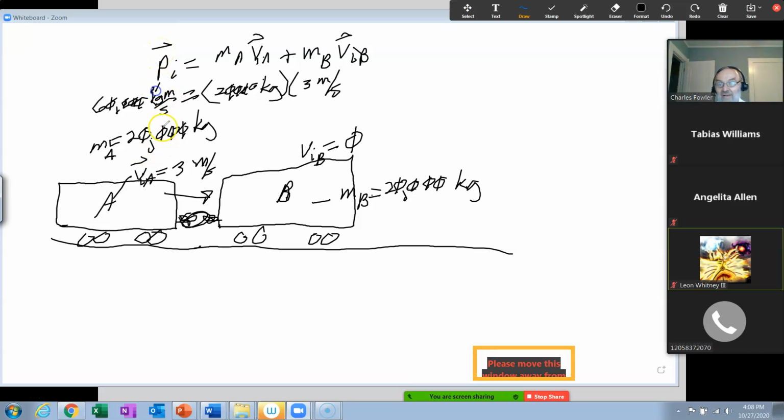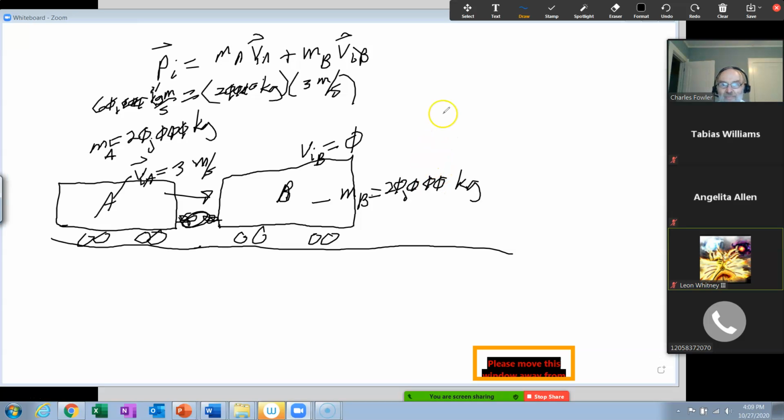Now, after the collision, and they couple together, the momentum is conserved. It cannot change. Now we're assuming we have no friction on the railroad tracks here. That's probably not a great idea, but it's pretty close because those tracks are really smooth, so there's not much friction. So we'll not count any friction.